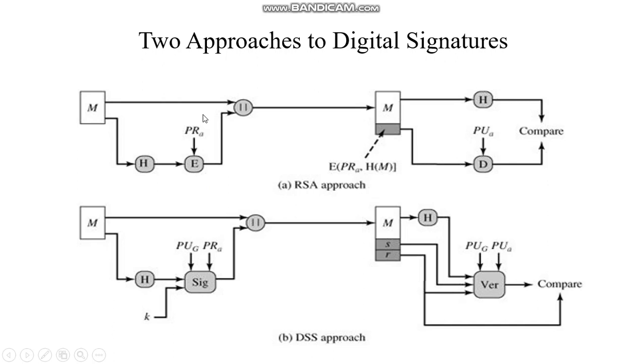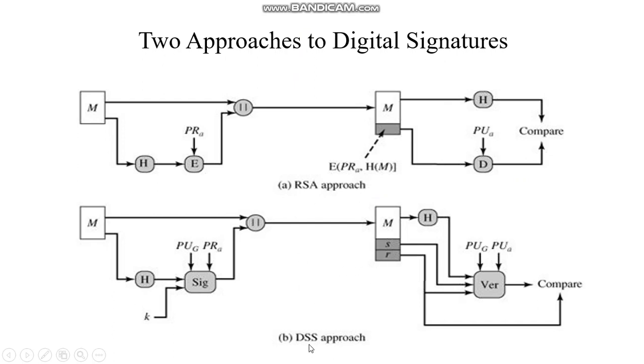It is then concatenated with the message and transmitted. The receiver gets that information and decrypts the hash value using the sender's public key. Then a hash function is applied to the received message, and it is compared with the decrypted value. If both are the same, the message is considered authenticated.